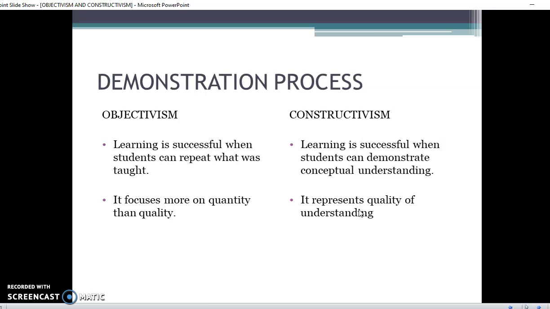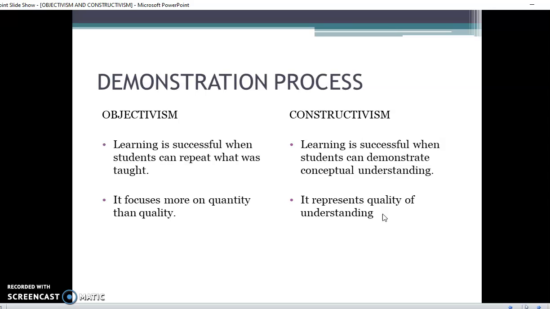So what they have understood, how much they have understood, instead of how much they have retained or memorized or how much information they could replicate or repeat, is given importance. So quality plays a very important role when we talk about constructivism, which is not the case with objectivism.